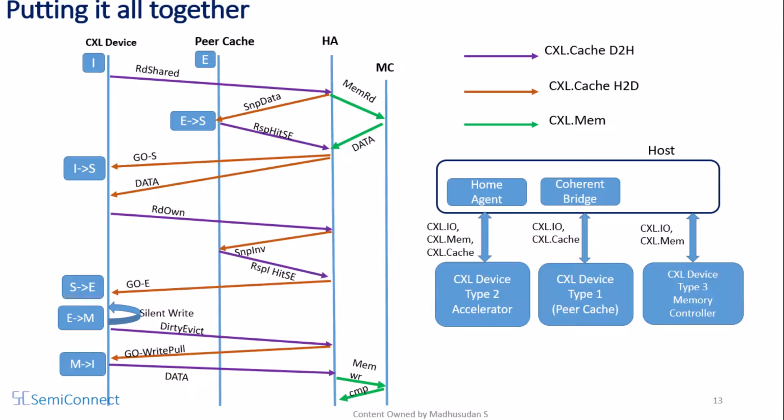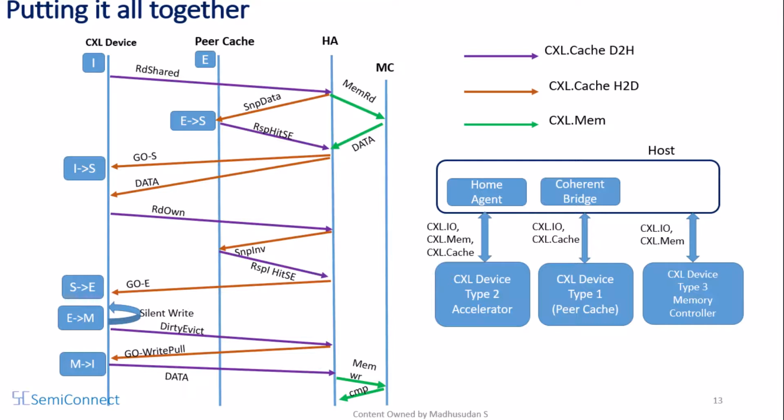The purple line shows the CXL.Cache D2H transactions, the orange line shows CXL.Cache H to D transactions, and the green color shows the CXL.Mem.